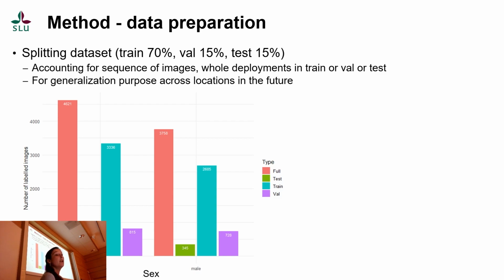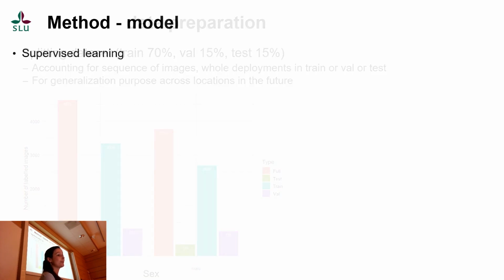And we also split by deployment, so we make sure that we have whole deployments only in train, validation, or test. It's because we want, in the end, to generalize our model to other locations in Sweden. And this is what Sarah was talking about, the out-of-distribution issue. So we make sure that our model also performs well on new data.